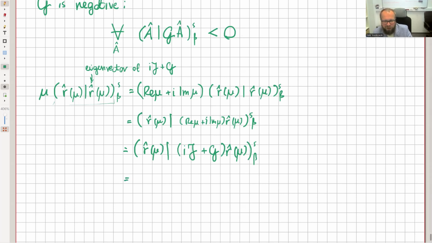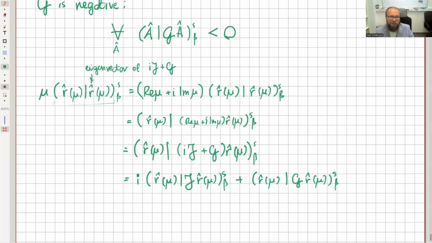But then we can do more with this. We can write it as i r_mu J r_mu as beta, plus r_mu G r_mu. We just use the fact that the inner product is linear. Very simple.